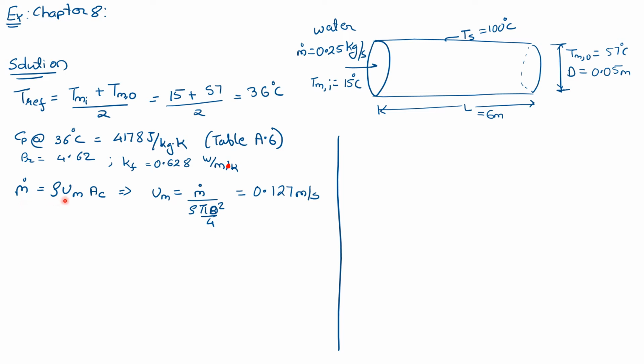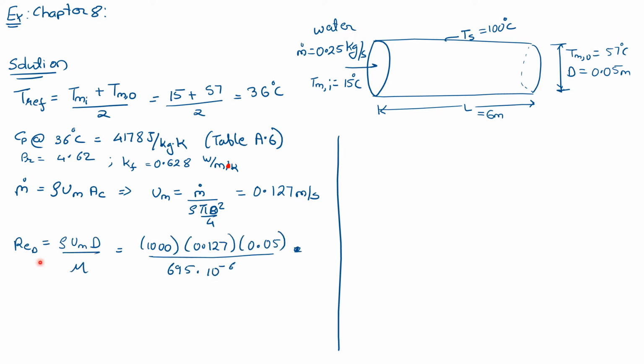So the mass flow rate can be written as density times the mean velocity times the cross-sectional area of the pipe, and your U mean will be mass flow rate divided by the cross-sectional area, which comes out to be 0.127 meters per second. And then the definition of Reynolds number will have this mean velocity, your viscosity, and the characteristic length will be the diameter of the pipe.